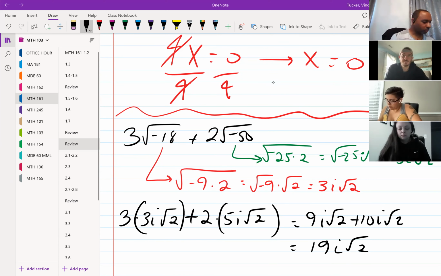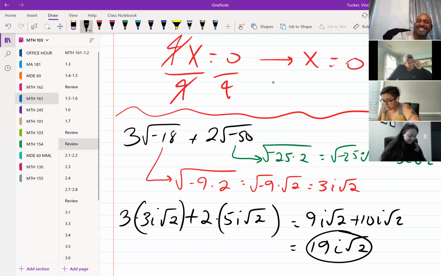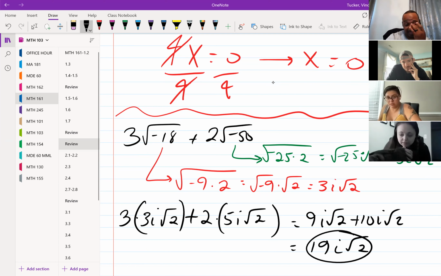Yep, I will review it and try and figure that out. The black stuff looks like hieroglyphics. I'm just copying. During class I have no idea what you're talking about. I just copy the work and then I try to figure it out afterwards.